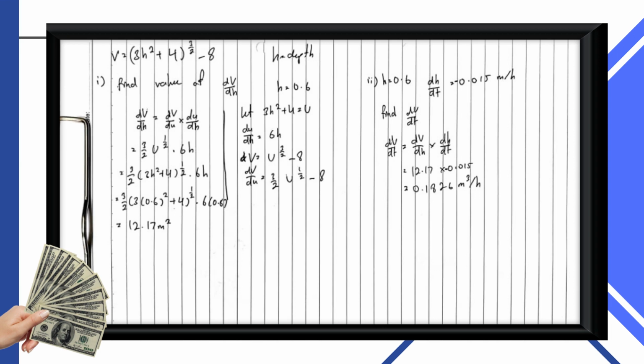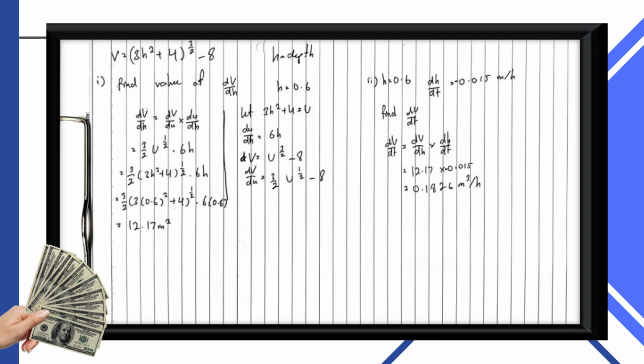dV over dh is calculated by dV over du times du over dh, because we need to use the chain rule in order to differentiate the volume. We let u equal 3h squared plus 4, then du over dh is equal to 6h. V becomes u to the power of 3 over 2 minus 8, and differentiating that gives 3 over 2 u to the power of 1 over 2.